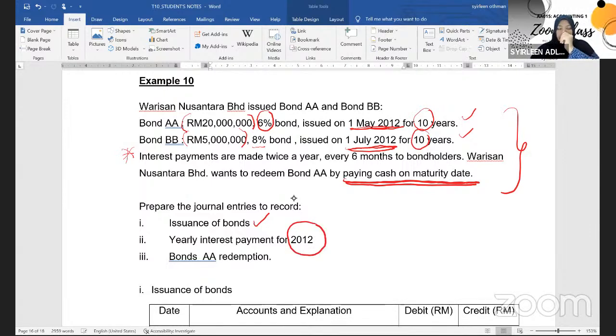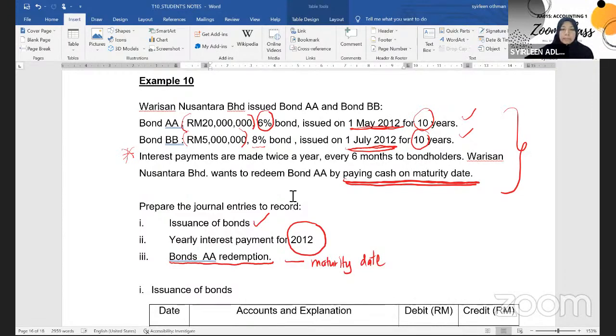And the final one, dia suruh kamu catat the maturity date journal entry for bond AA. So bila disebut bond AA redemption, that means dia dah capai maturity date. So bila dia dah capai maturity date, you must surrender ataupun redeem the bond. Kita tutup lah, kita tebus balik.